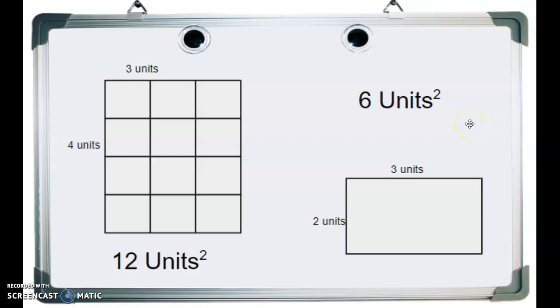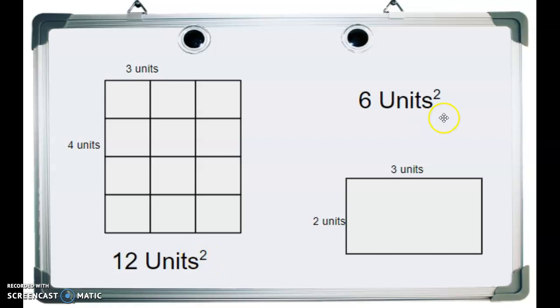Now, one thing I want to talk about when we're doing area is what we do for our units. Lots of you have already been doing this, but I want to go in more detail. Every time you write the area of something and you write the answer, you need to have whatever your units are, whether it's centimeters, inches, feet, or if we don't know and just say units, you need to put a squared on top of this.